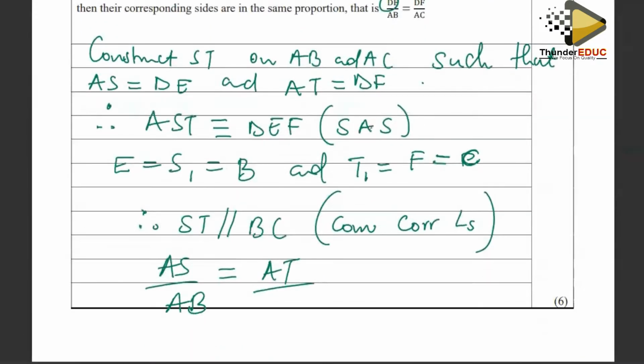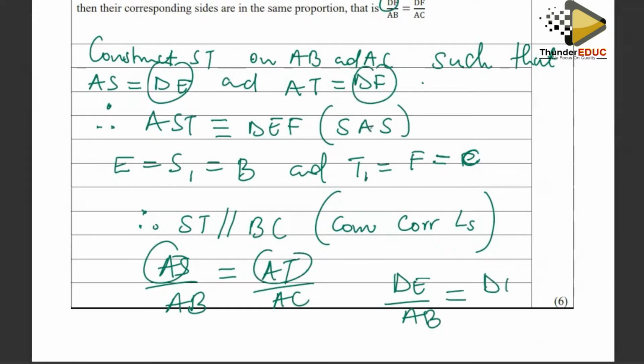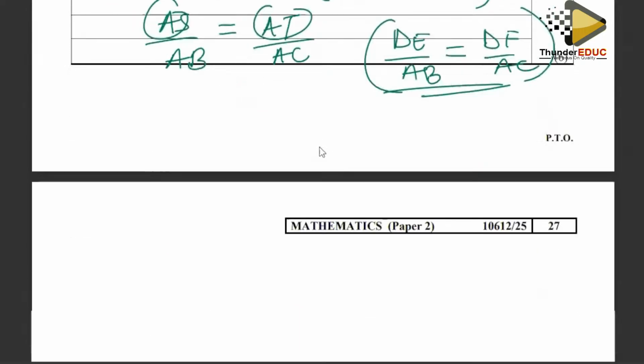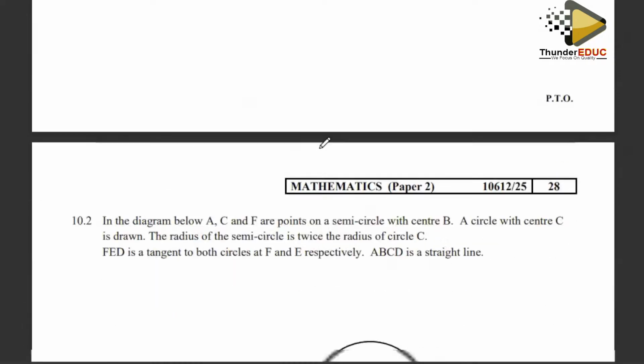But remember we said that AS is the same as DE, so replace that: DE over AB is the same as, we said AT is the same as DF, that is DF over AC. So that is how you do the proof for this particular question. 6 marks.